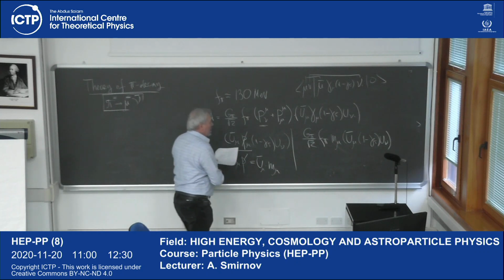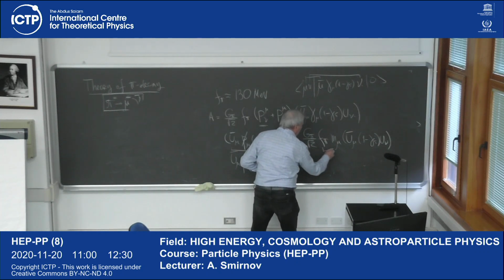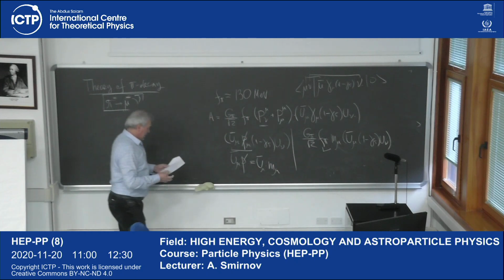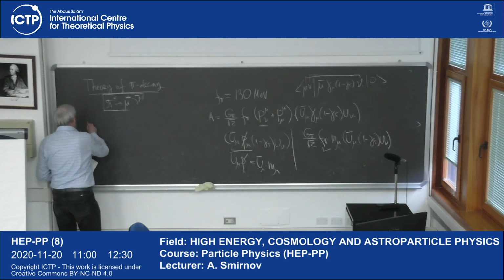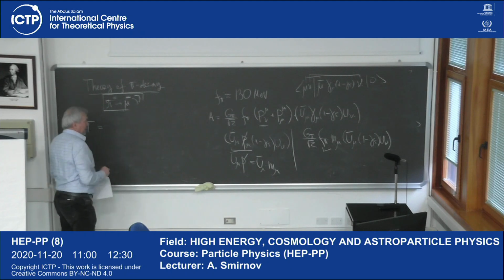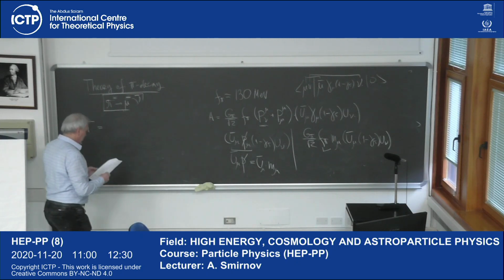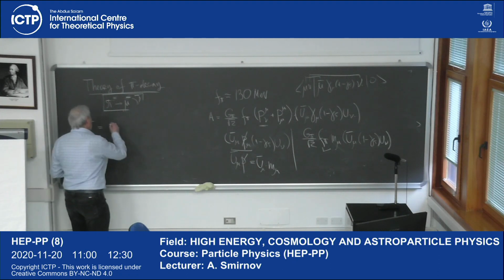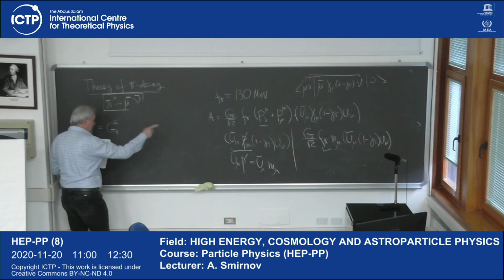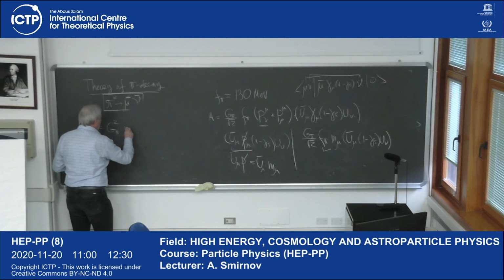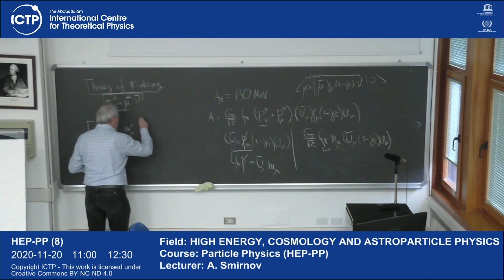So we know everything up to this F_π. And now we can compute the rate. Right, what is the rate? We need to compute the modulus squared of this expression and sum over spinorial indices. And clearly I will get G_π squared when I square this, and the mass of the muon squared multiplied by F_π squared.